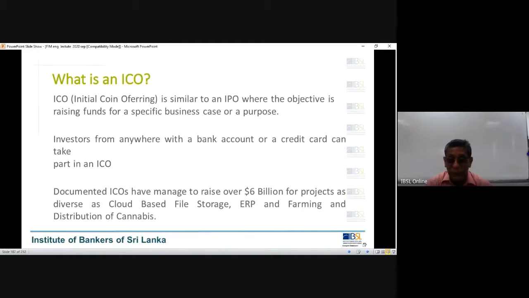It's a cryptocurrency methodology similar to an IPO, issuing shares, but you issue coins instead, right?